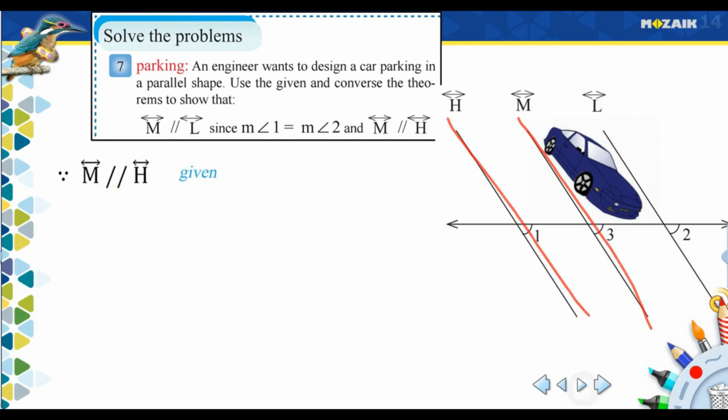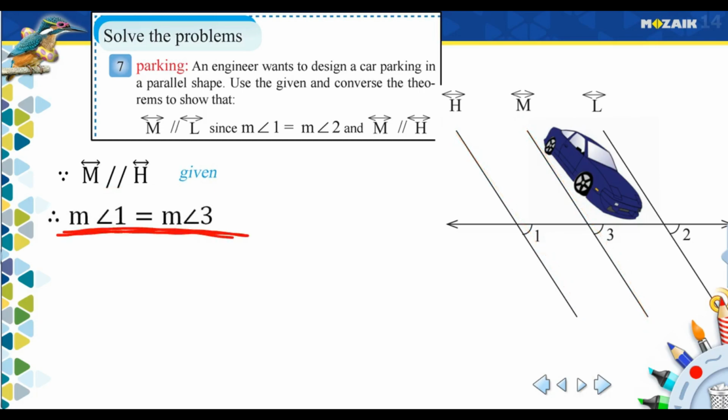That is given. That means measure of angle 1 equals measure of angle 3. Why? Because they are two corresponding angles.